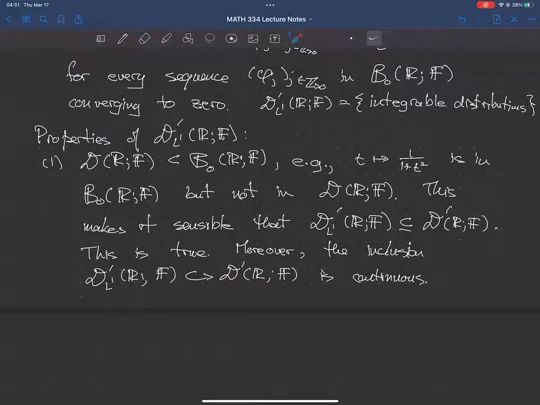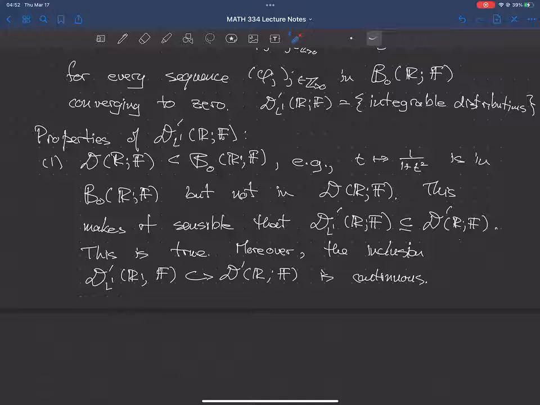So how do you define it? For continuity, we have a topology here described by telling what the convergent sequences are. Well, they're defined in exactly the same way as we did for D prime, and that is to say, we use pointwise convergence. So you fix a test signal in B0, then you take a sequence in here and you evaluate the sequence on the test signal, and that numerical sequence should converge.